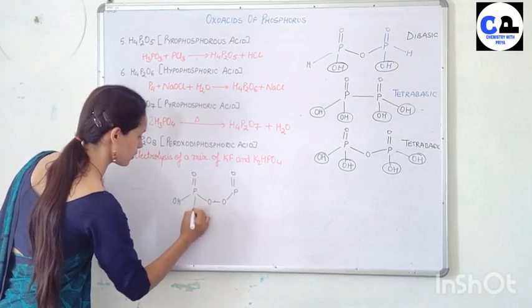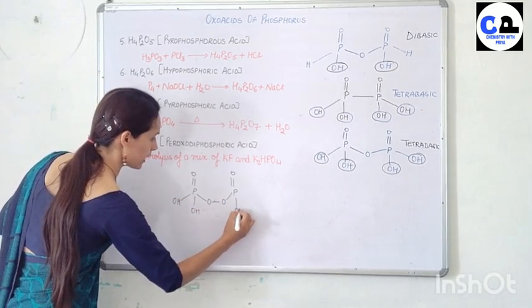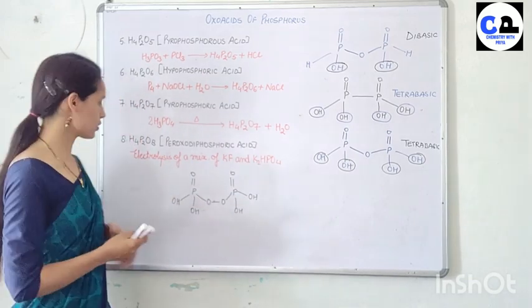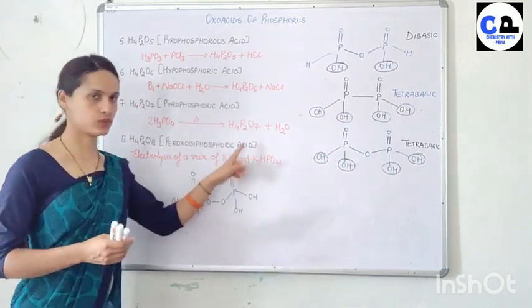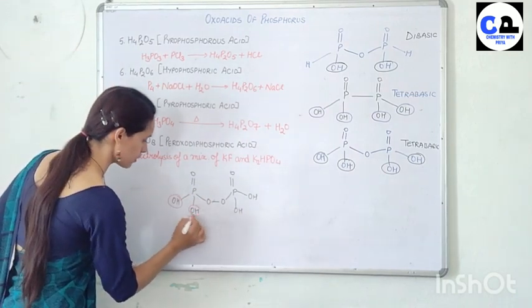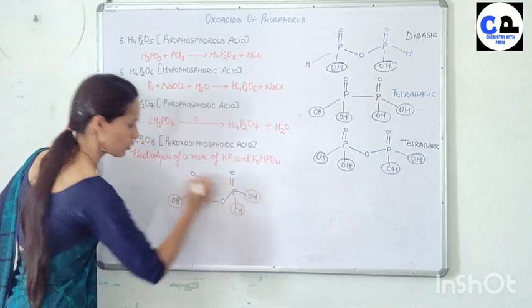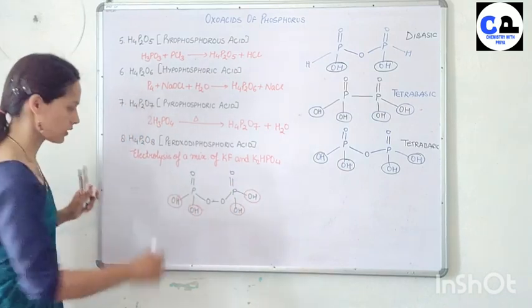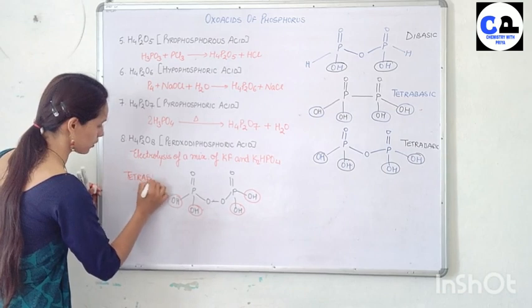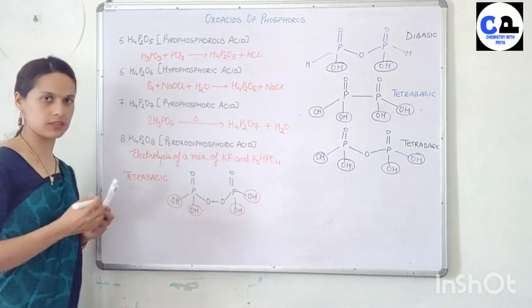So OH, OH, OH and OH. So this is the structure of peroxodiphosphoric acid, and because of the presence of 4 replaceable hydroxyl groups, it is tetrabasic. This one is also tetrabasic.